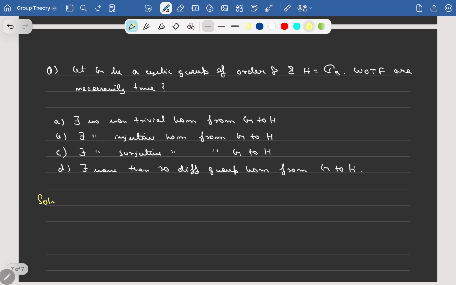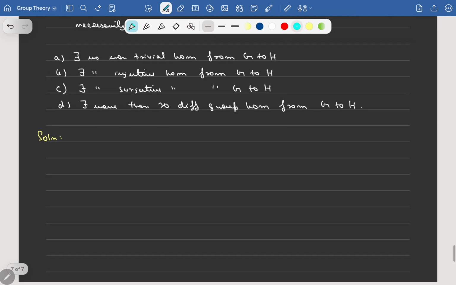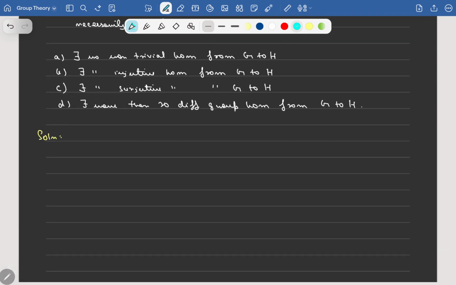Now, the first thing which you can try and observe in this particular context is, what does it mean for there to be an injective homomorphism? Recall that if phi from G to G prime is injective, then we know that the kernel of phi is the trivial group 1. Hence, G is isomorphic to a subgroup of G prime.